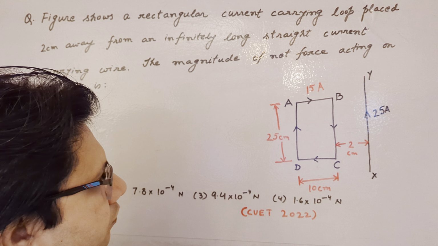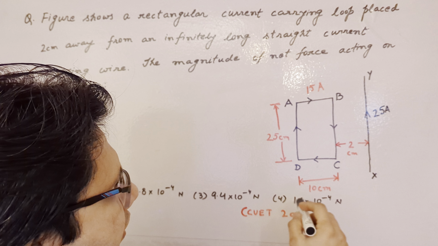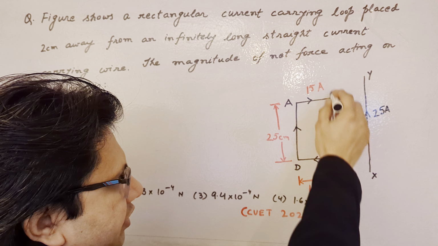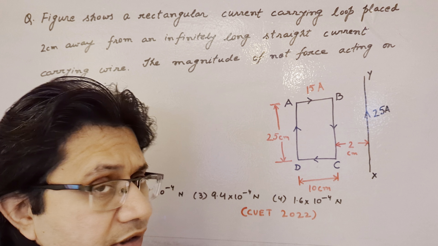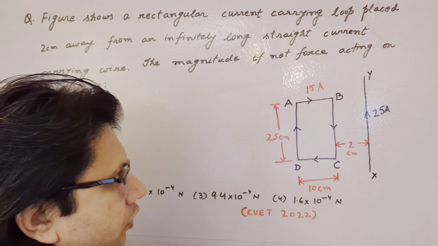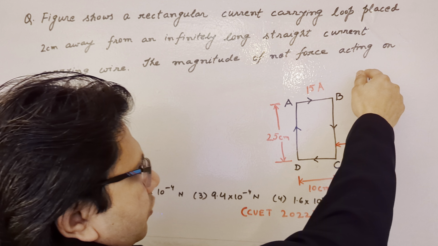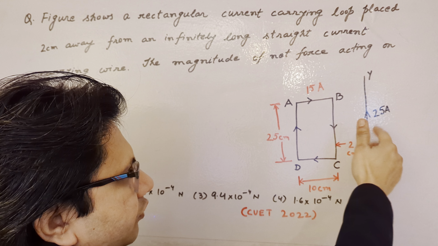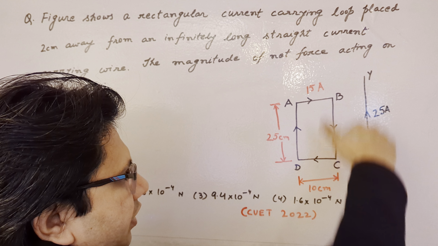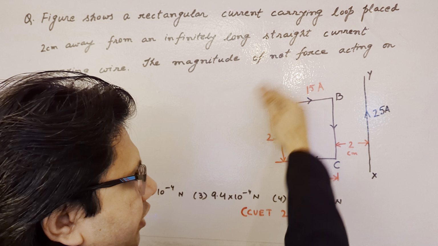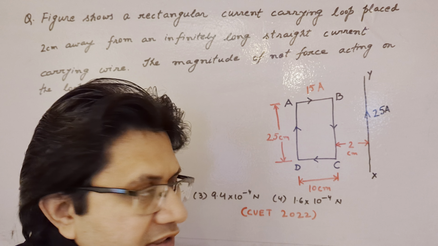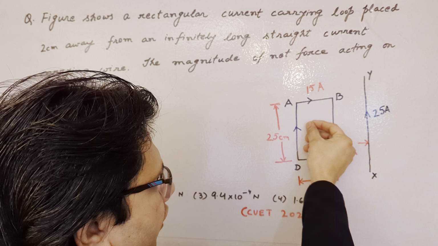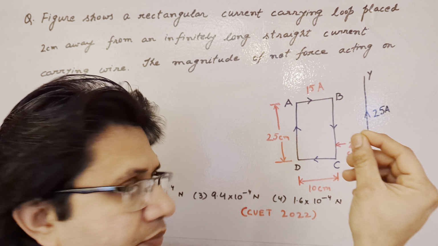So first of all, we have to analyze that in the segment BC, the force is repulsive in nature. First of all, the magnetic field due to this particular wire, in the left hand side region where this rectangular loop is placed, is coming out of the plane of the board.